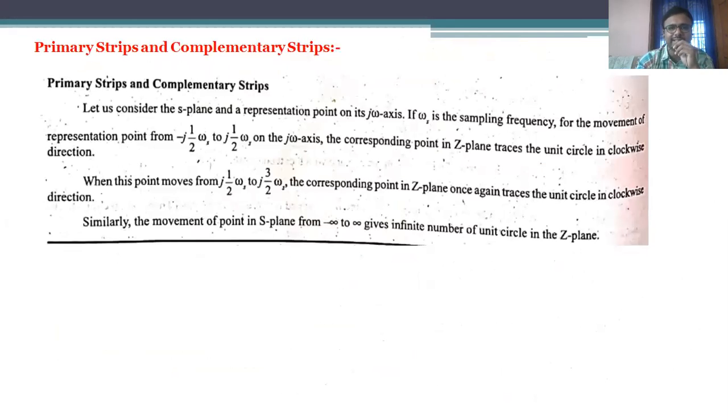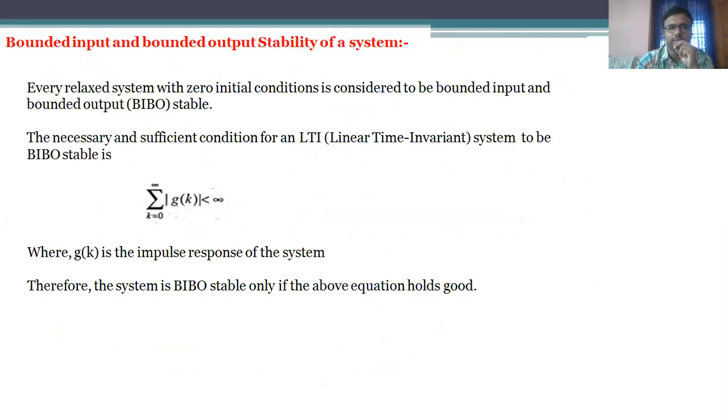Next we are going to move to a small topic, that is bounded input and bounded output stability of a system. Such a system is called a BIBO system, which means bounded input and bounded output.